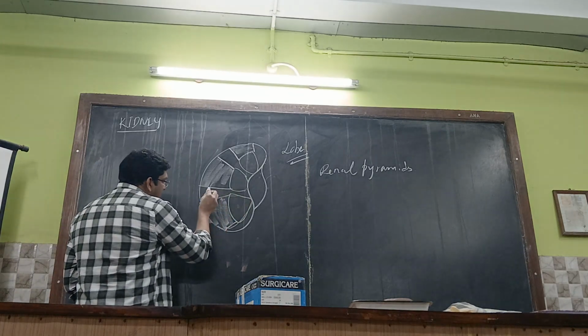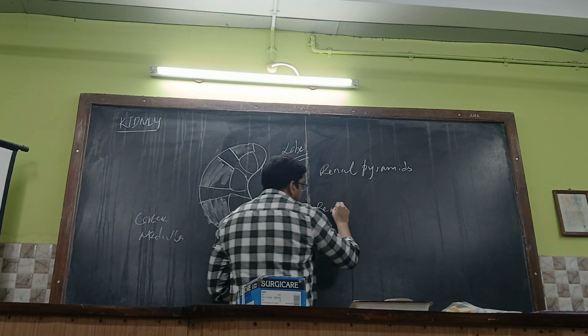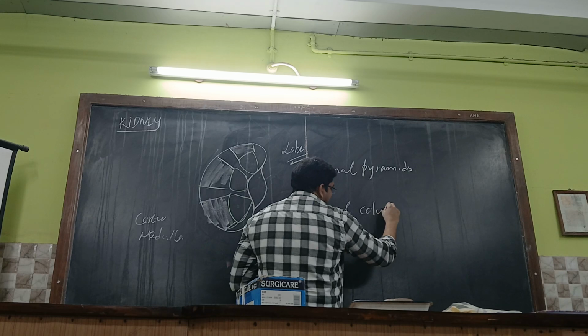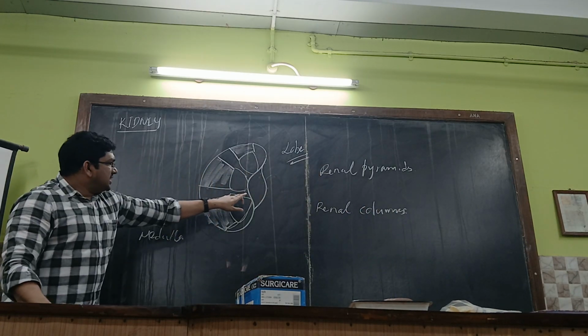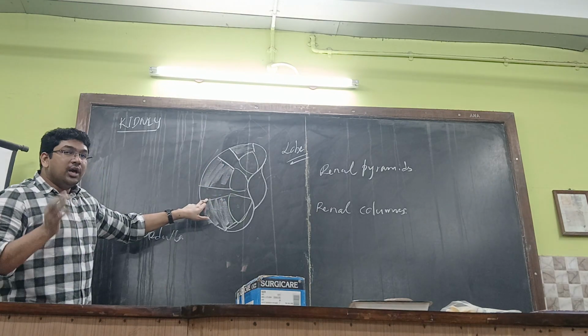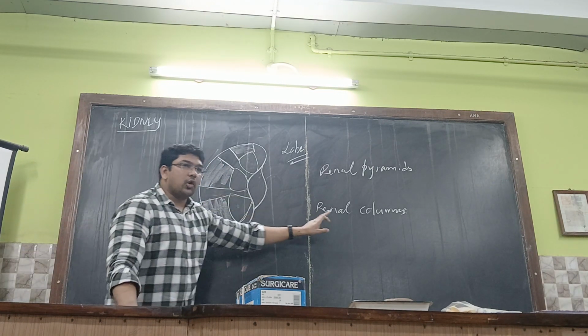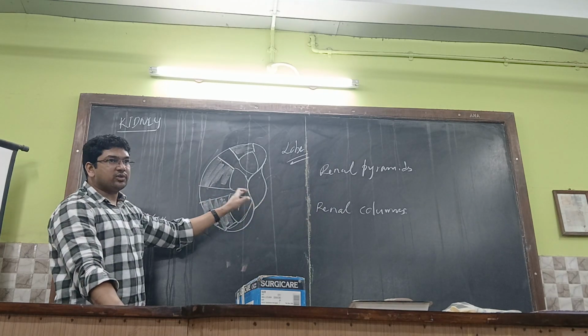Okay. And the area in between these two lobes is termed as renal columns. Absolutely. So this area in between the two lobes is termed as renal columns. What is it? Renal columns, which contain vessels, both arteries and veins.